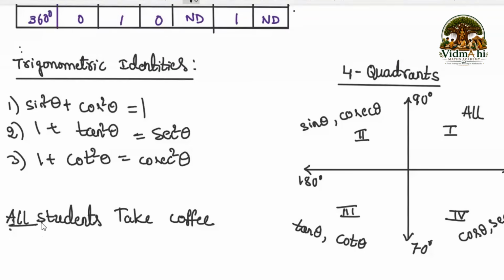In students, S means in the second quadrant sine and cosec are positive. Take, T means in the third quadrant tan and cot are positive. Coffee, C means in the fourth quadrant cos and sec are positive. So remember this statement: all students take coffee.